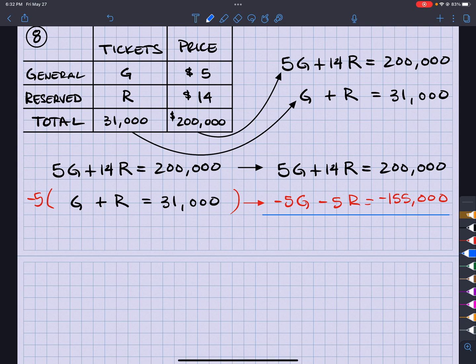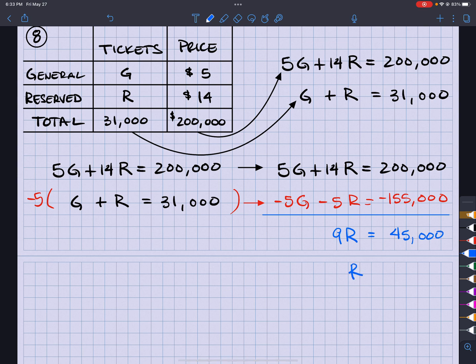From here, I can now add the two. So I'm going to eliminate G. As you see, 5G minus 5G is no G's, right? So I got 14 minus 5, so I'm going to have 9R, uppercase R, equal to 45,000.